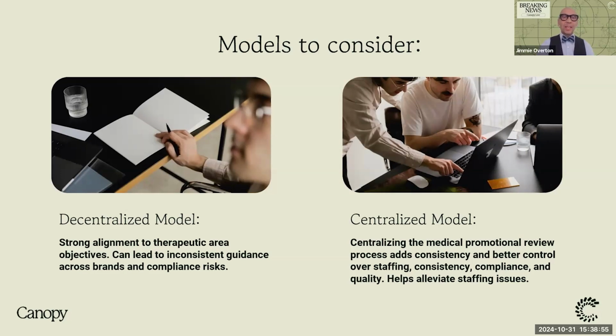Now, you don't want to go down to the cafeteria and find out that one therapeutic area got something based on a certain level of evidence, but the other therapeutic area was told no for the same or similar level of evidence and similar claims to support it. So this lack of alignment can be problematic at the organizational level when it's decentralized.